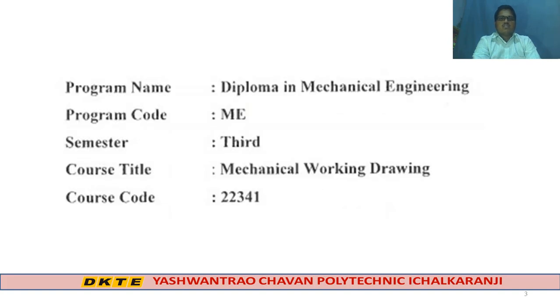This subject is Mechanical Working Drawing, and the course code given by MSBTE is 22341. This is for the I-Scheme syllabus, and this course is designed for mechanical engineering second year, in the first semester of second year, meaning the third semester.